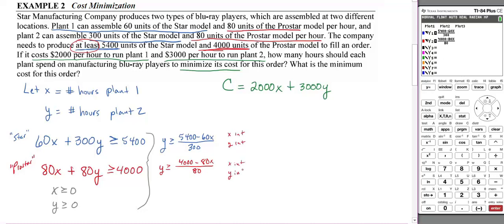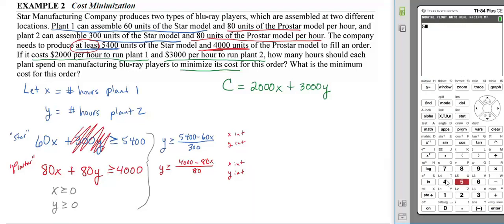And the only reason to do that would be for us to figure out the bounds of the window. So if we want to find the x-intercept, then we would get rid of the y, make the y 0. So home screen, 5,400 divided by 60. And we'd have 90.